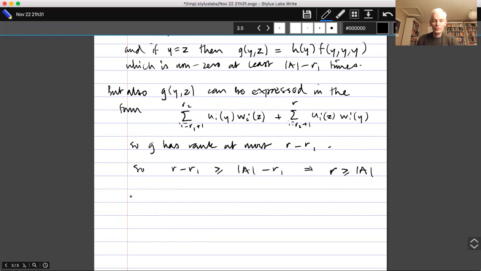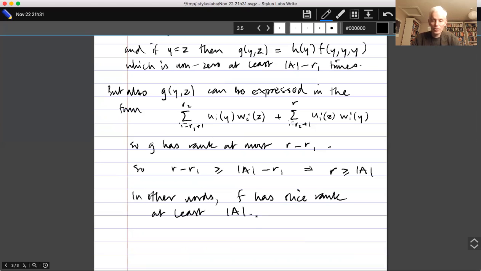So that's telling us that F has slice rank at least the size of A. It had slice rank at most the size of A, it had slice rank at least the size of A, so it has slice rank exactly the size of A. And I'm hoping that if you haven't seen this before, then you're thinking, what on earth could that possibly have to do with finding solutions to x plus y plus z equals 0 in dense subsets of F3 to the n?